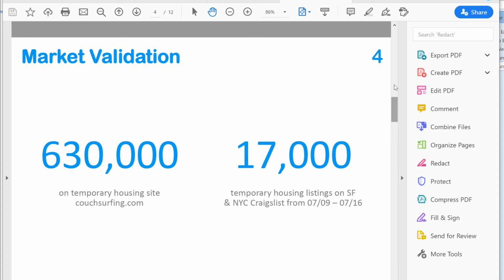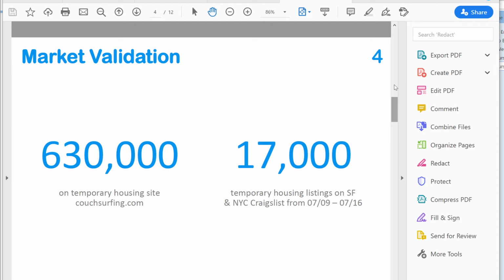And so they said on temporary housing sites like couchsurfing.com, which I don't know if it still exists, there are 630,000 listings, and on Craigslist over here on the right side, there were 17,000 listings during a week in San Francisco and New York City Craigslist.